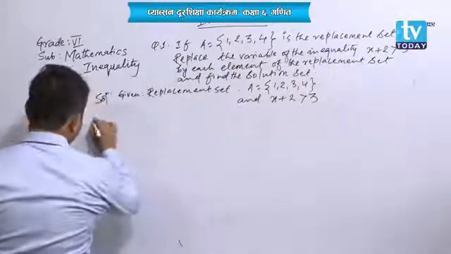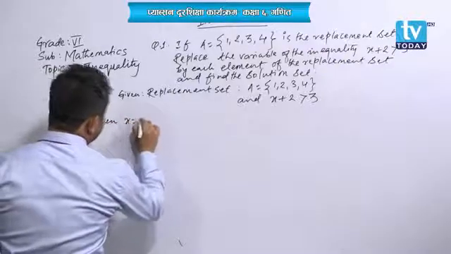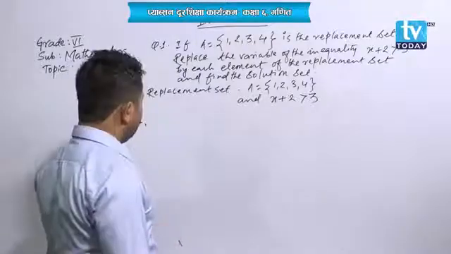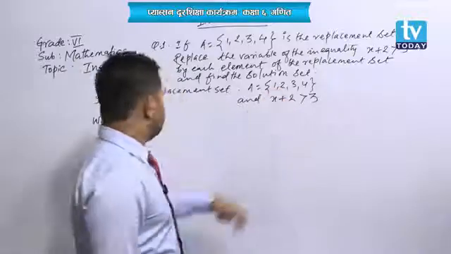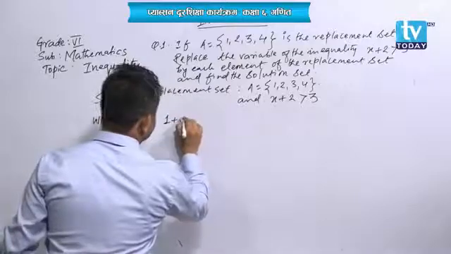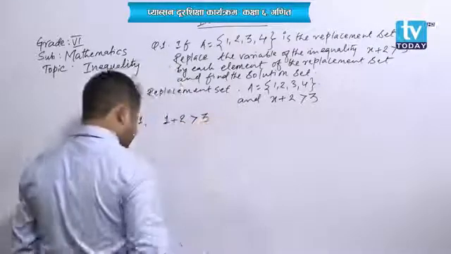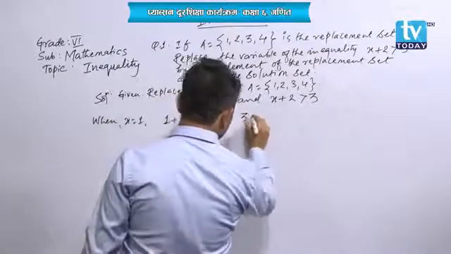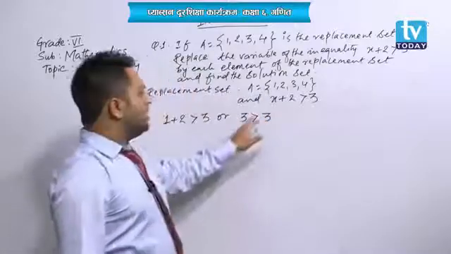Now when the value of x equals 1, you have to replace the value of x by 1 first, then 1 plus 2 greater than 3, or you can write 3 greater than 3. This is not true. 3 cannot be greater than 3.